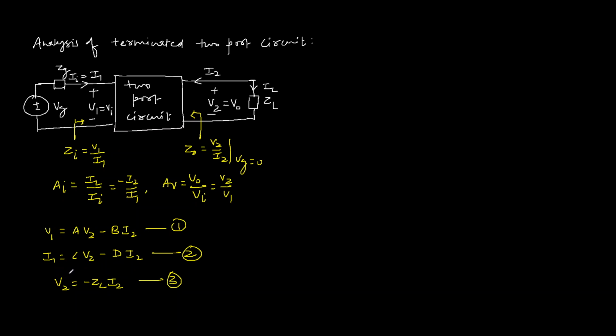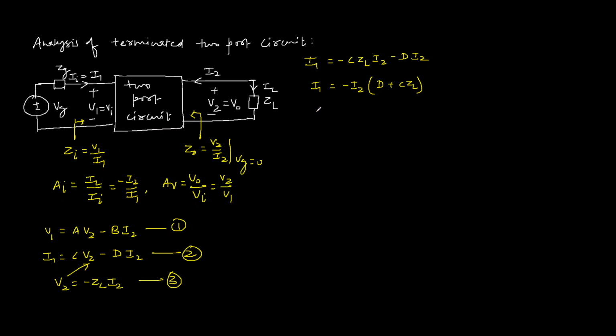So let us replace this V2 from equation 3 into 2. So I1 is negative CZL I2 minus D I2. So I1 is negative I2 into D plus CZL.